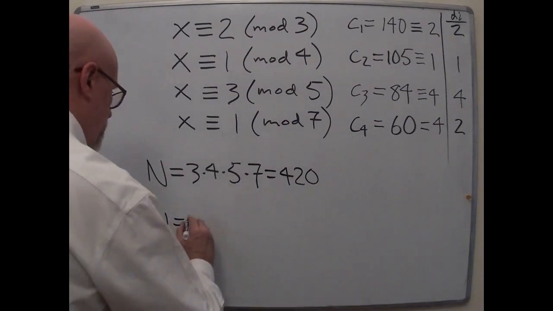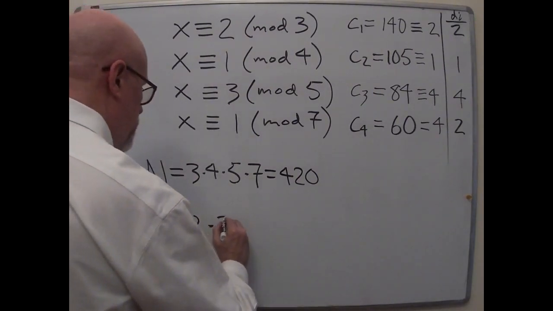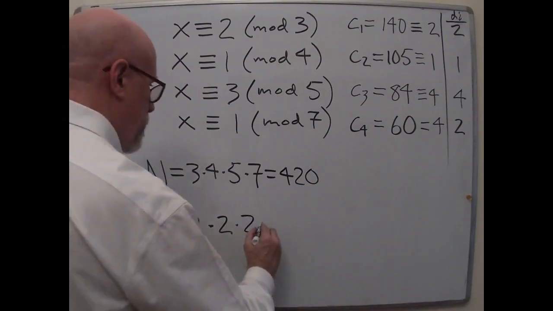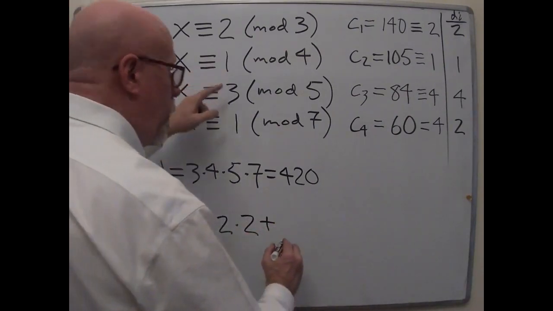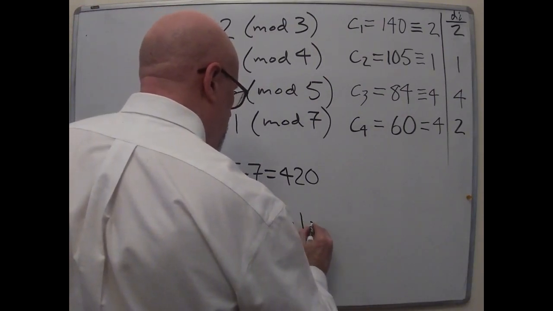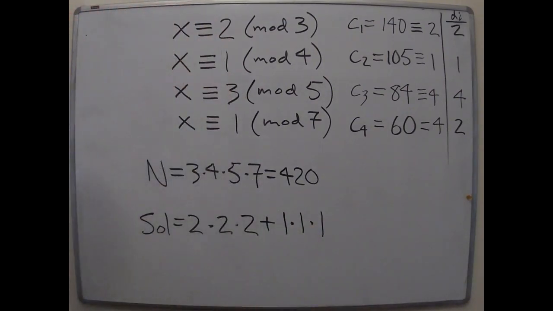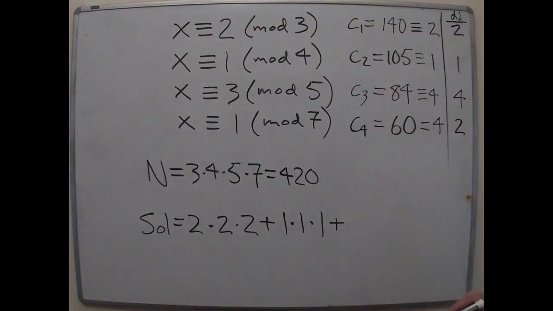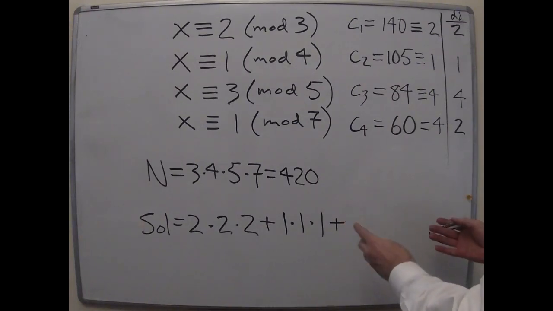It is 2 times 2 times 2 plus 1 times 1 times 1. Oh, that's a freaky one. Plus... I'm getting a little weirded out that this is too easy.